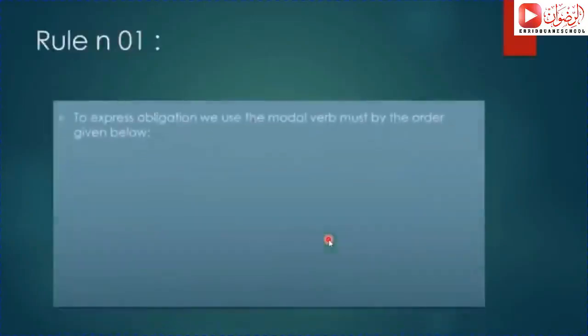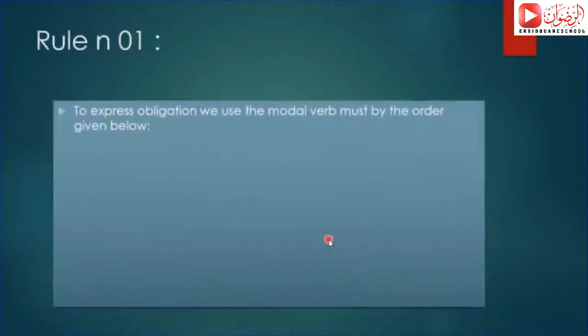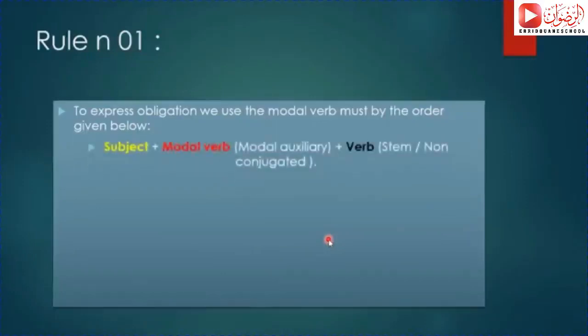So rule number 1: to express obligation, we use the modal verb must, in the order given below. We always start with subject plus modal verb, which is a modal auxiliary, plus the verb.